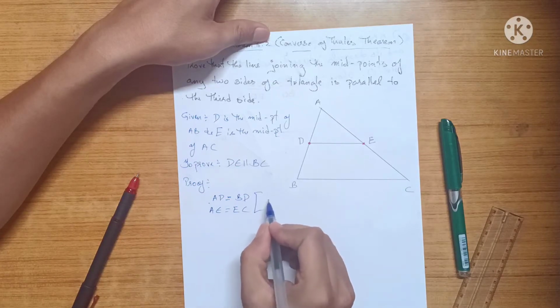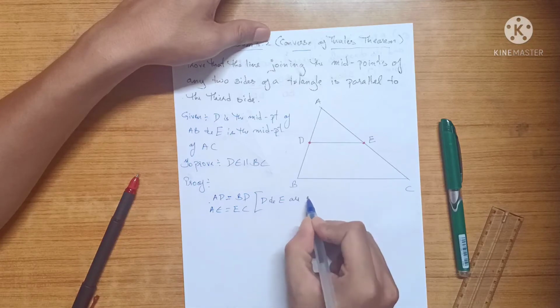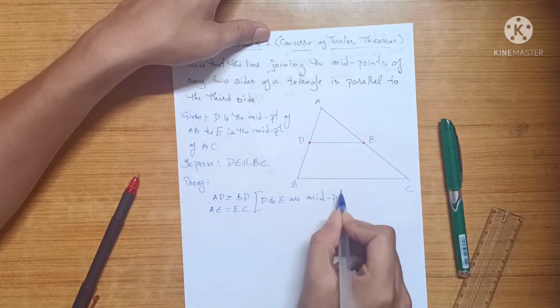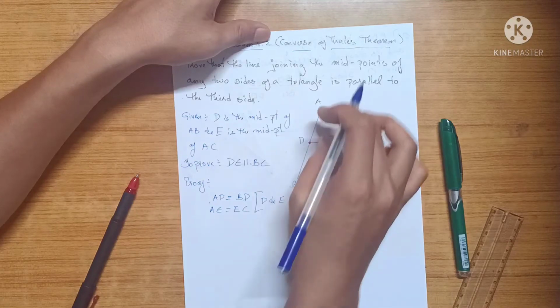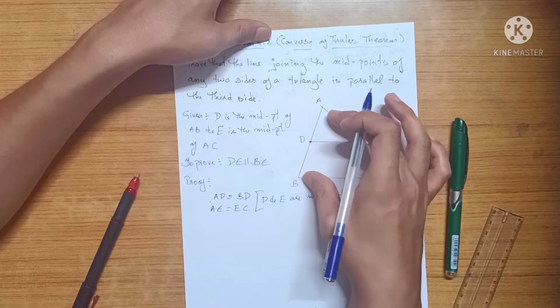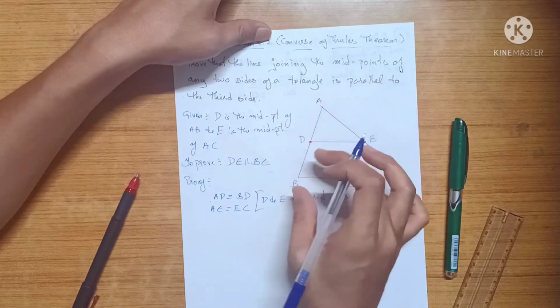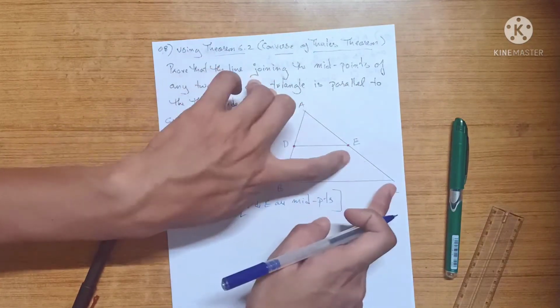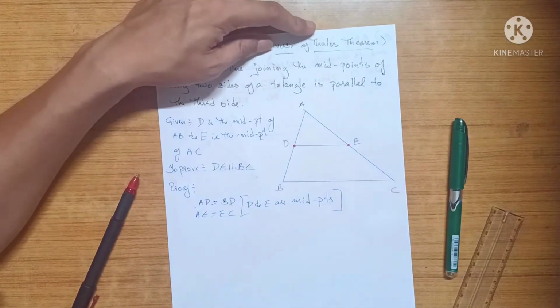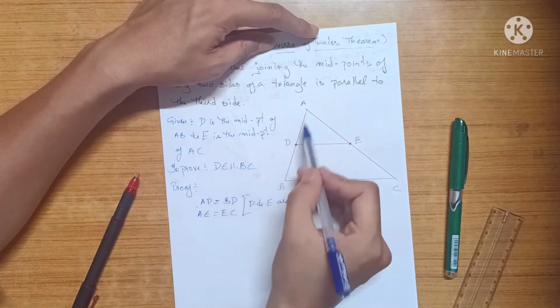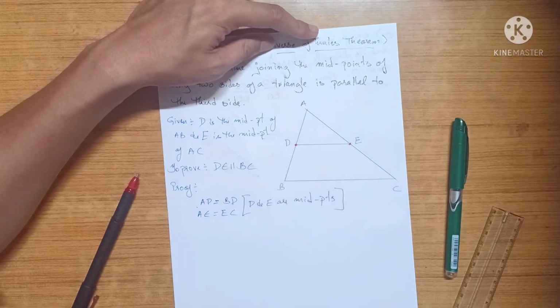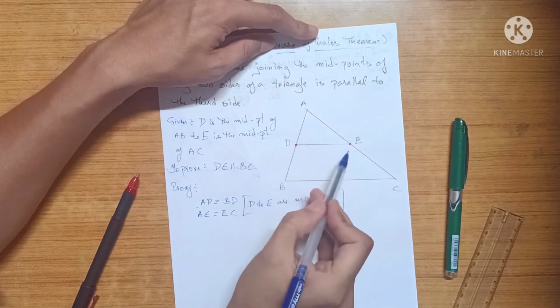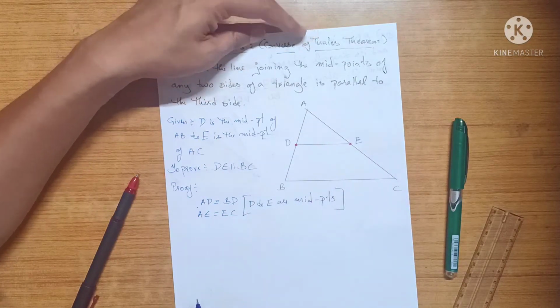Why? Because D and E are midpoints. If this is 10 centimeters, then each half becomes 5, so these two are the same. Just like that, AD is equal to DB because D is the midpoint, and AE is equal to EC because E is the midpoint.